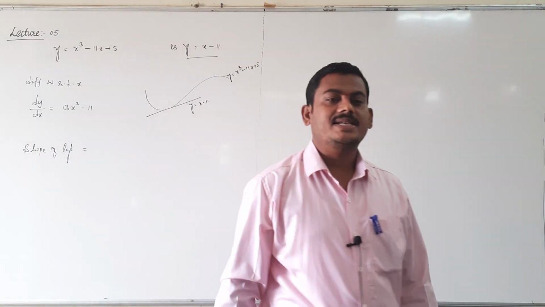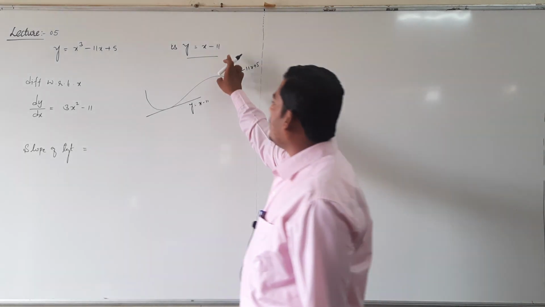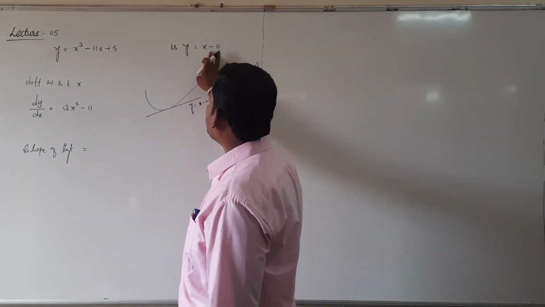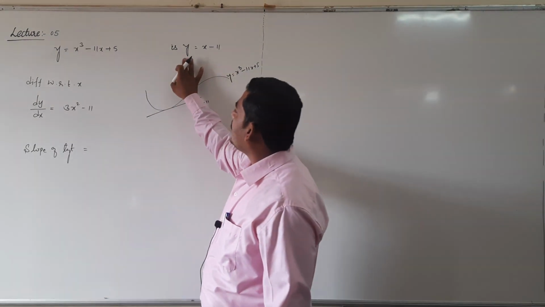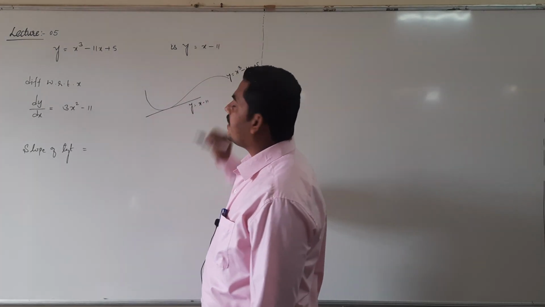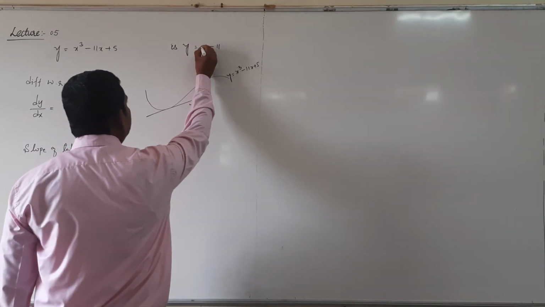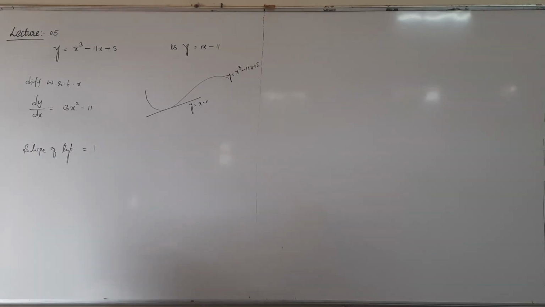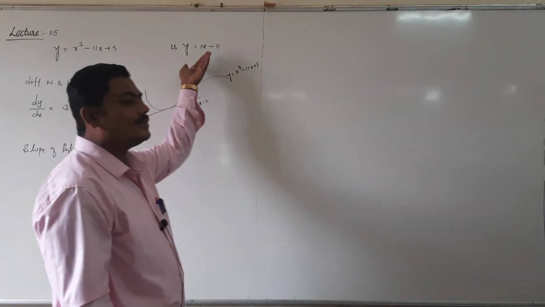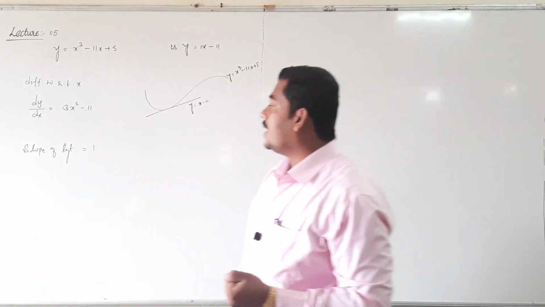The equation of the tangent line is clearly in the form y equal to mx plus c. So in this case the m value is 1 only, which means the slope of the tangent line is 1. According to the equation of the tangent line, the slope of the tangent is 1.